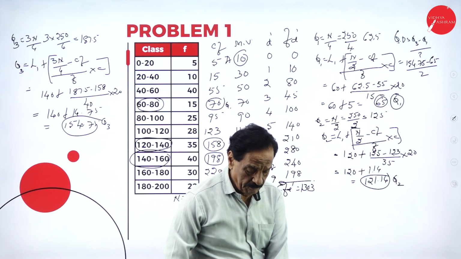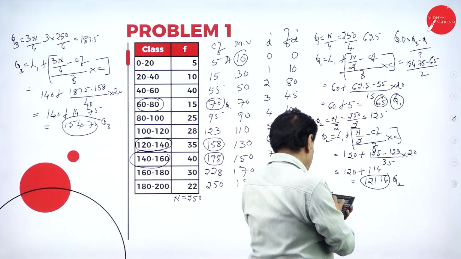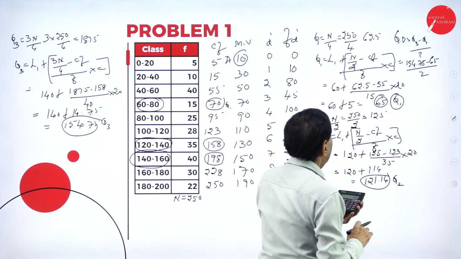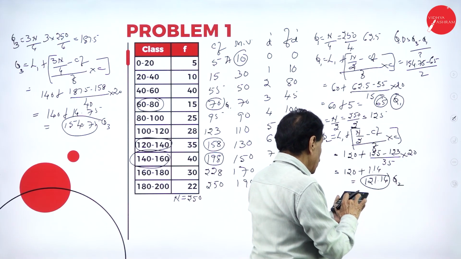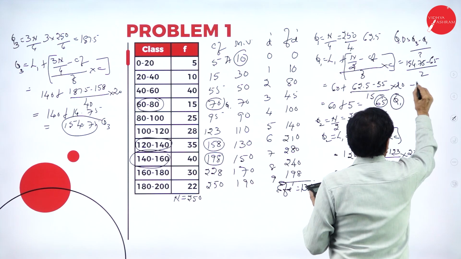This is 154.75 minus 65 divided by 2, which is 44.875.